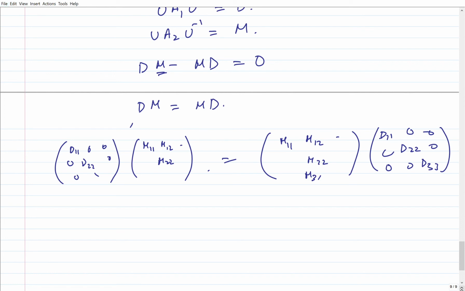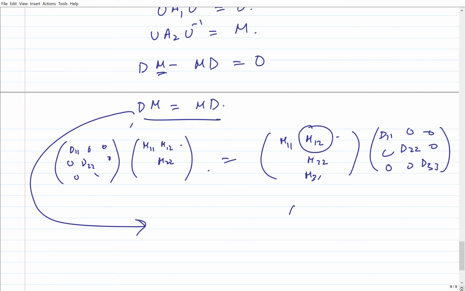So what does this equality mean? Very simply, you just compare the elements after the product. This would give me some m12 d22 through matrix multiplication, and on the other side d11 m12. So essentially what I'm getting is d_ii m_ij equals m_ij d_jj.